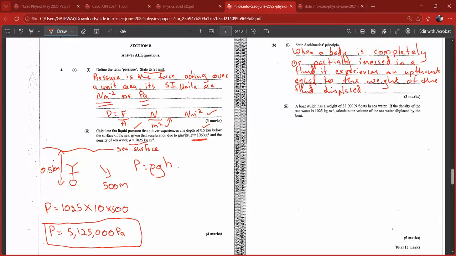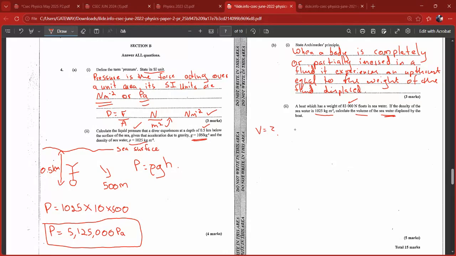So part two, let's say a boat which has a weight of 3,000 Newton floats in seawater. If the density of the seawater is 1,025 kilogram per meter cube, calculate the volume of the seawater displaced by the boat. So we need to calculate the volume, right?